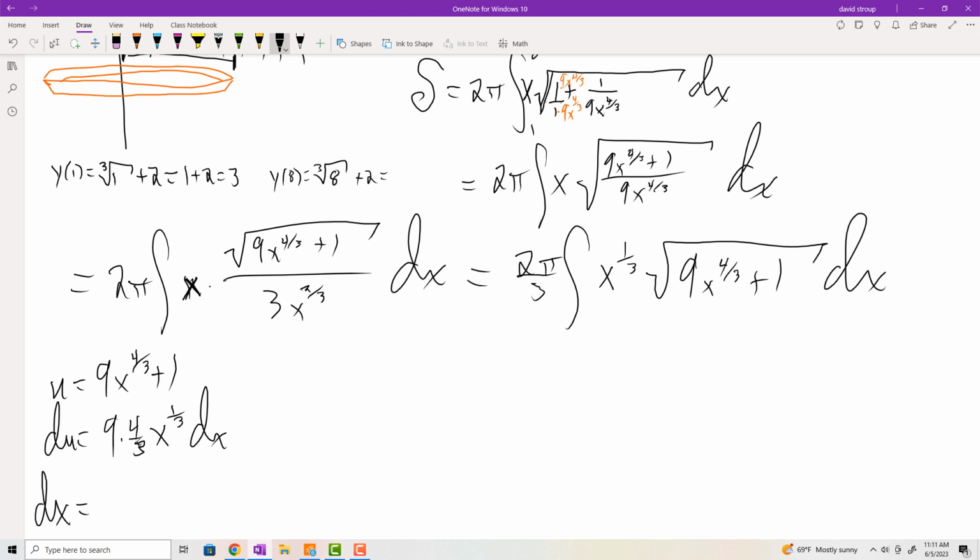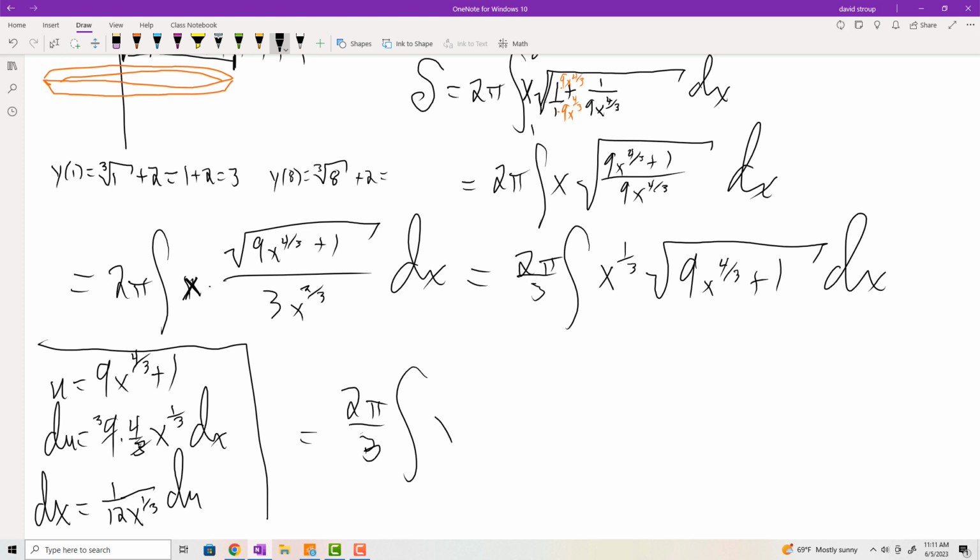And then dx will be, okay, so 3 goes into 9 3 times, 1 over 12 x to the 1/3 du. So our integral is now 2 pi over 3 times the integral of x to the 1/3 times square root of u, which is u to the 1/2, times dx, which is 1 all over 12 x to the 1/3. You see the x material is going to cancel.